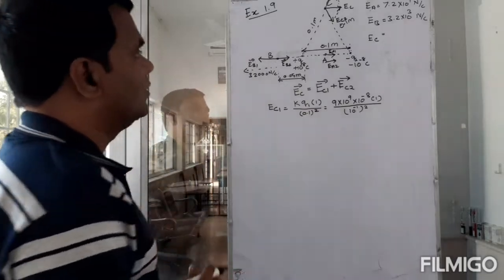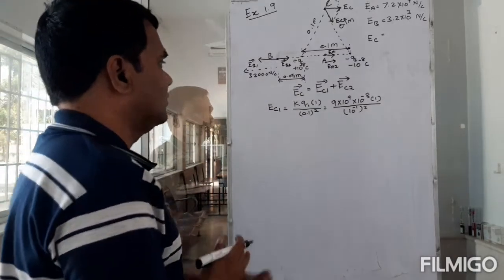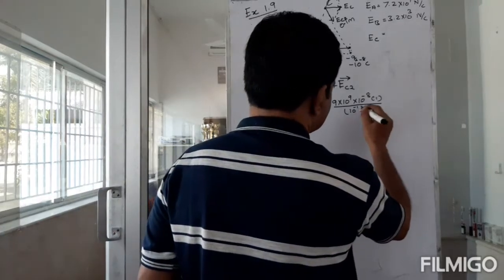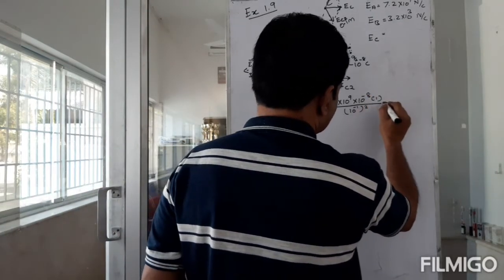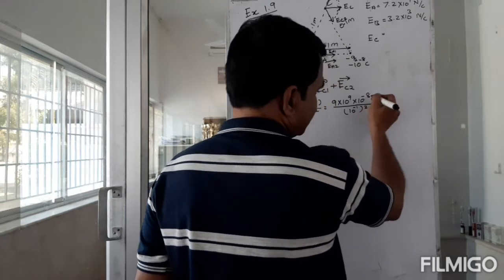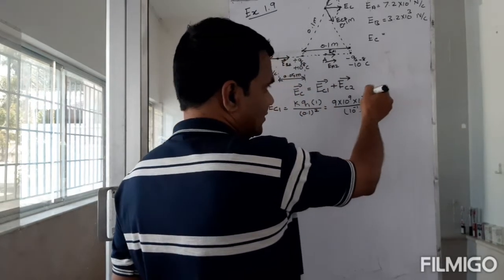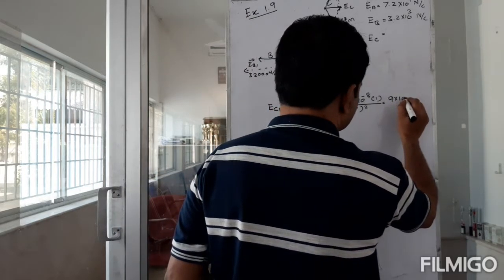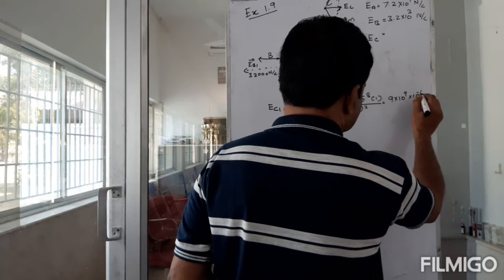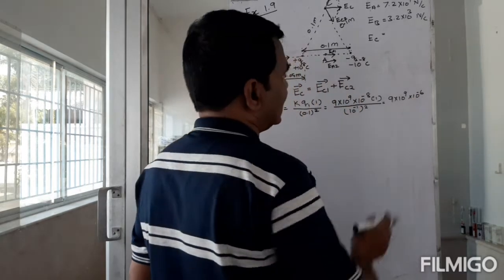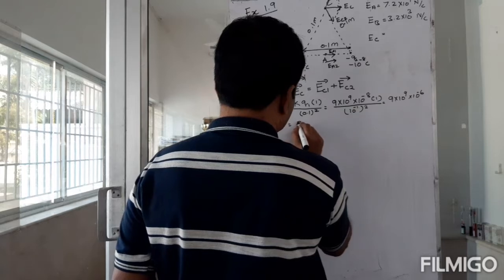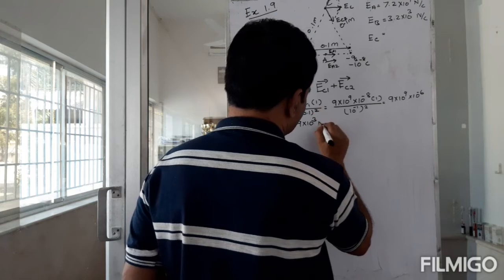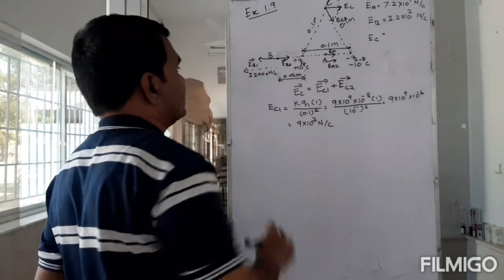So 10 power minus 2 in the denominator and 10 power minus 8 here gives you 10 power minus 6. So 9 into 10 power 9 into 10 power minus 6 gives you 9 into 10 power 3, so 90,000 Newton per Coulomb. That is your EC1.